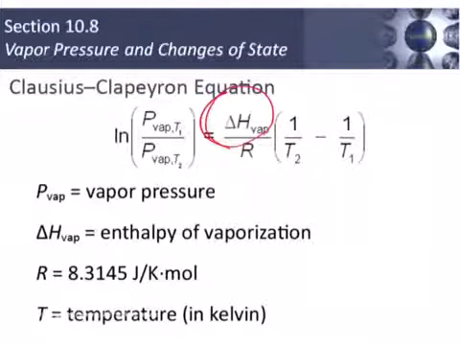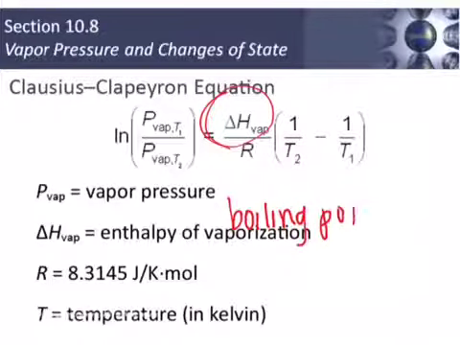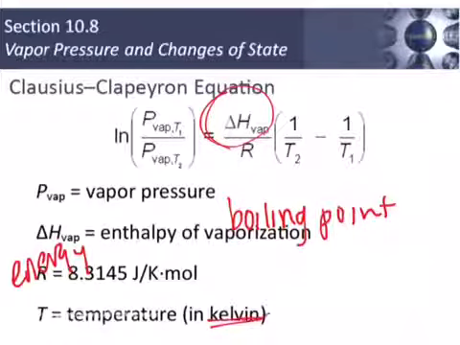What's another word for vaporization? Boiling point. Okay, and just remember you have R, the gas constant, and temperature has to be in Kelvin.